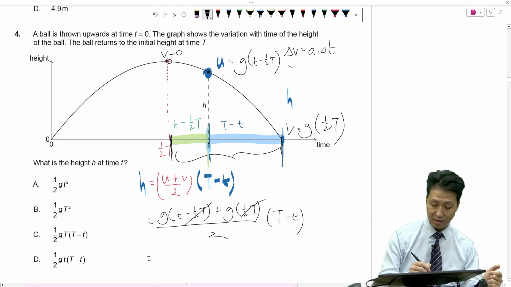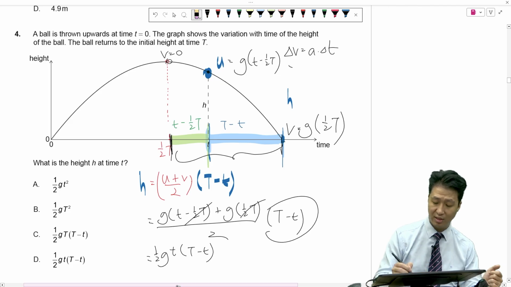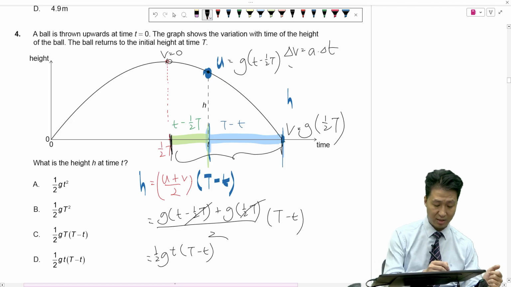And this will give us 1/2 because of this term in the bottom, gravitational acceleration. The only term left up here is the lowercase t. And here we have uppercase T minus lowercase t. And the answer should be here, D.